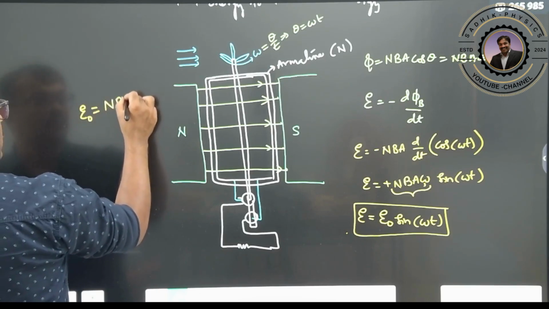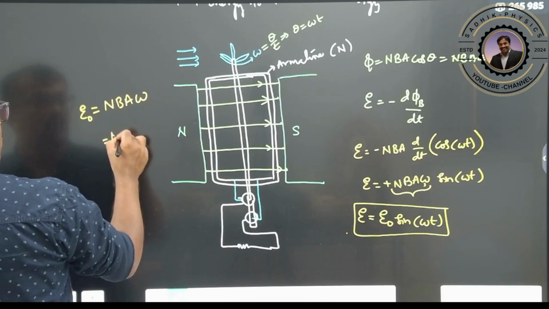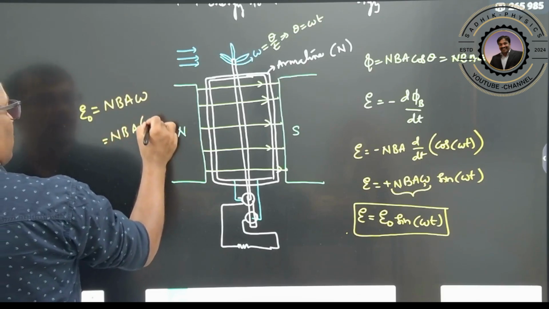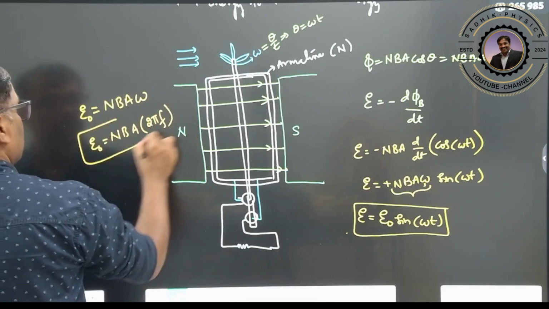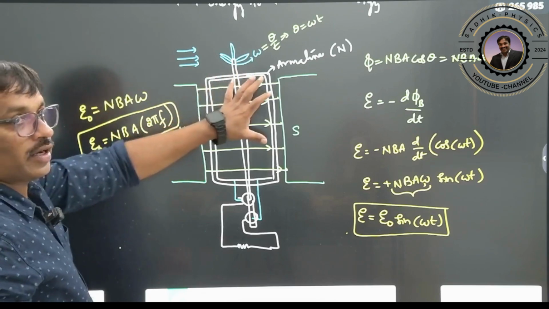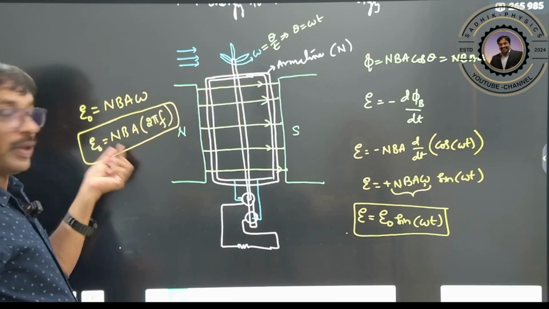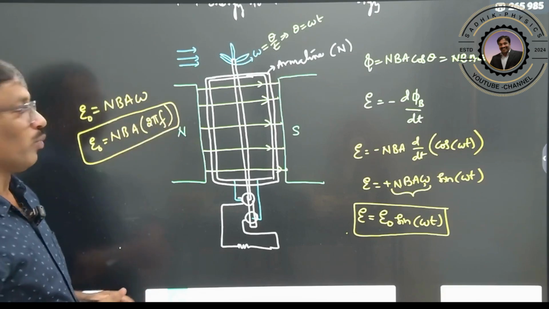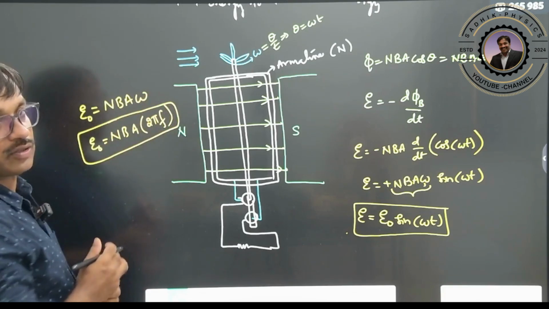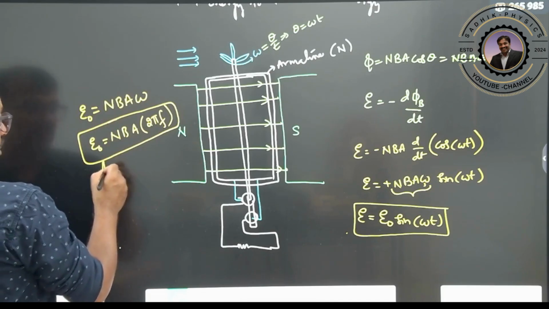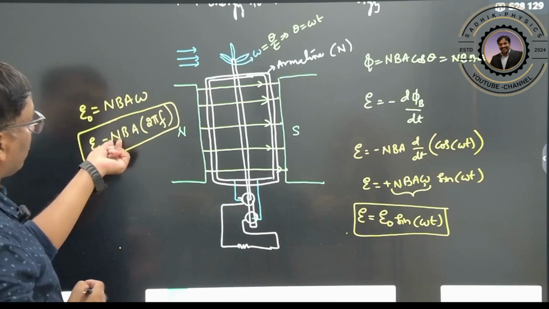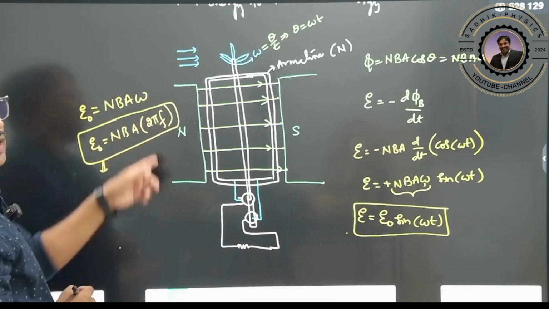NBA omega, and omega you can write as 2 pi into frequency. So the faster you are rotating, the EMF peak value will also be more. If frequency is more, peak value is also more. In this way the peak value can be calculated using the number of turns and the frequency.